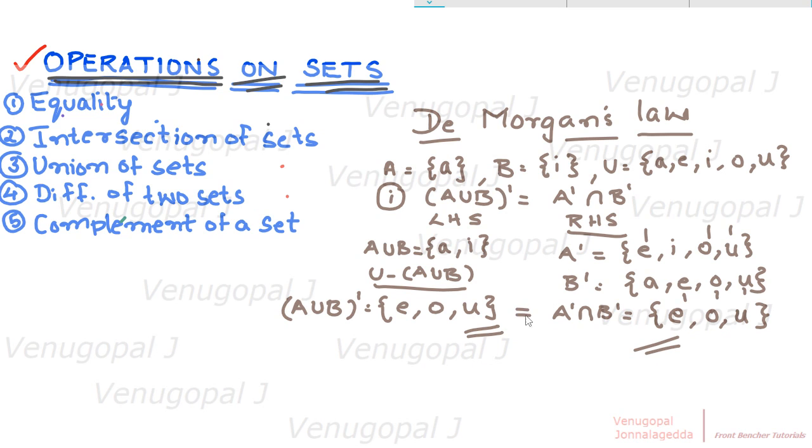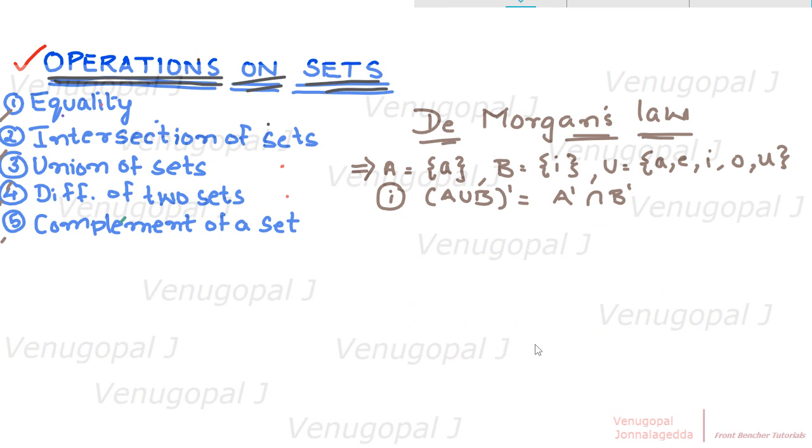So rather RHS is also equal to LHS. So hence it's been proved. So you could take your own examples, see if you can prove the DeMorgans law. Okay, so now let's look at the second law of DeMorgans law.